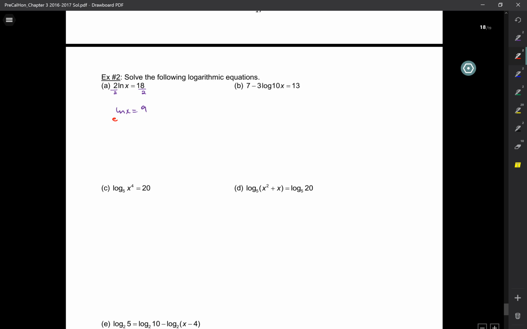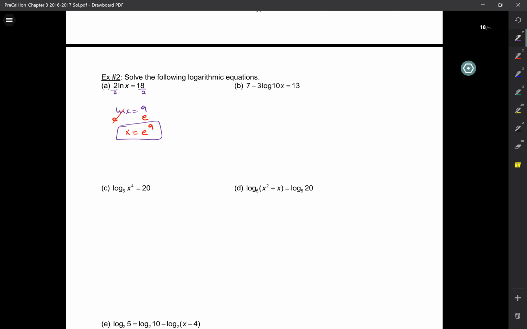So e to the power of ln of x, I raise it as an exponent of e, and it becomes e to the power of 9. These go away. X is equal to e to the 9. And that is way too big a number to expand. So e to the 9 is just fine.